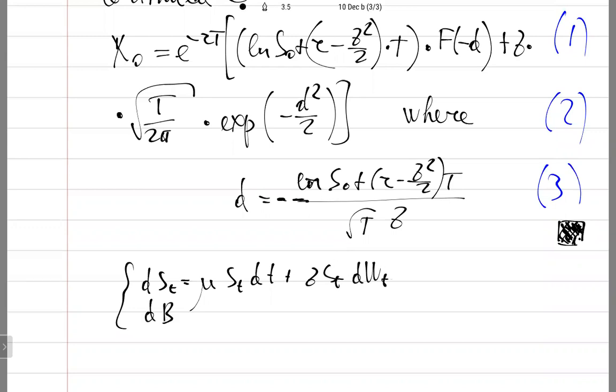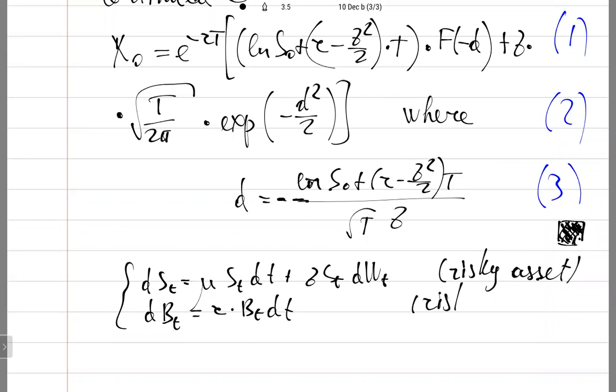And the second one, dBt, is just r Bt dt. I have two equations for the risky asset and the riskless asset. Basically, we have parameters mu, sigma.